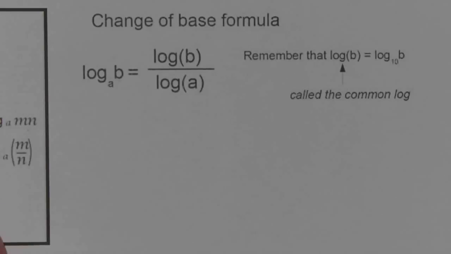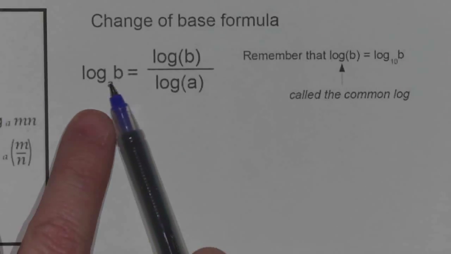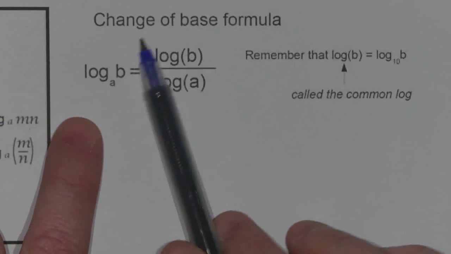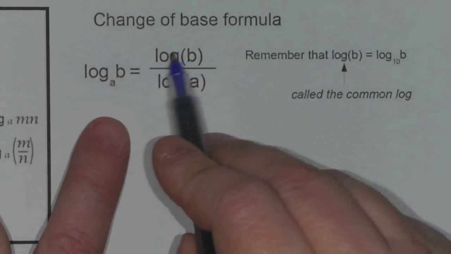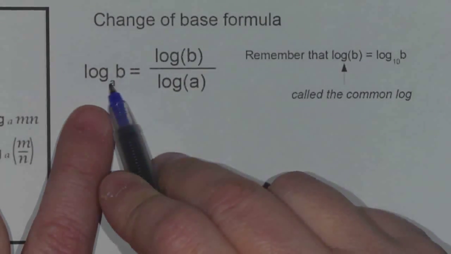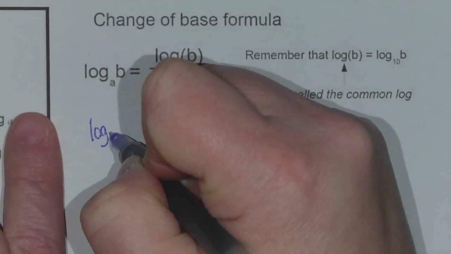You'd had to just find the power that would make it true. Well, today this rule right here shows you how to punch it in on any calculator. So, for instance, if I have log base a of b, I'm going to do the log of b over the log of a. So let me show you what that might look like.